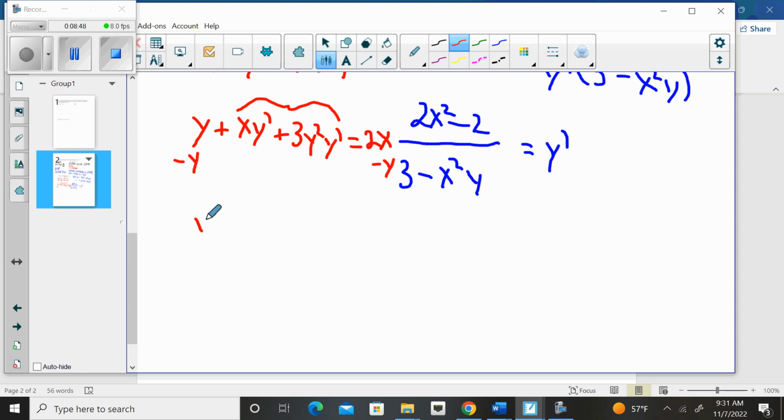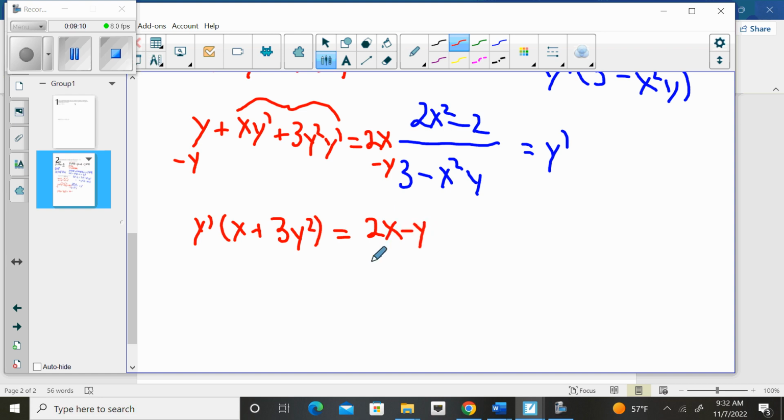Therefore, on the left-hand side, once that single y is gone, I can factor out the y prime to get x plus 3y squared. And I subtracted y from both sides, so 2x minus y.